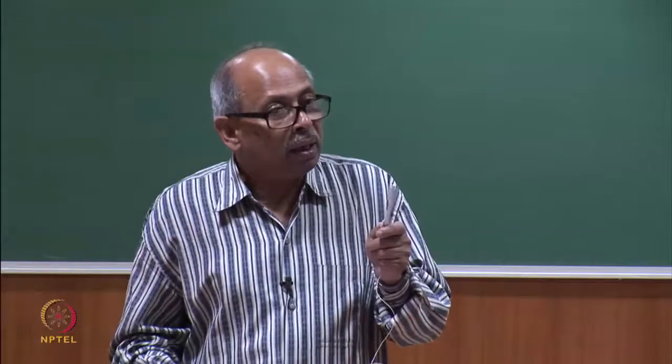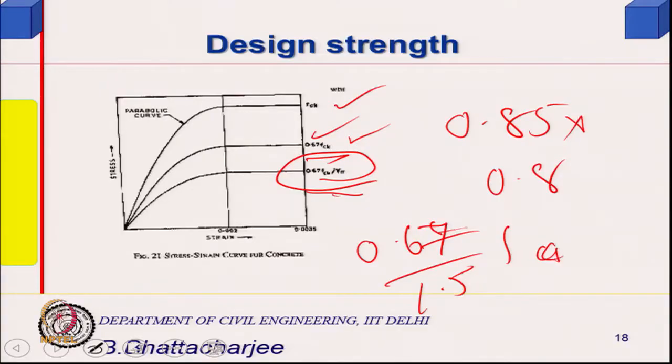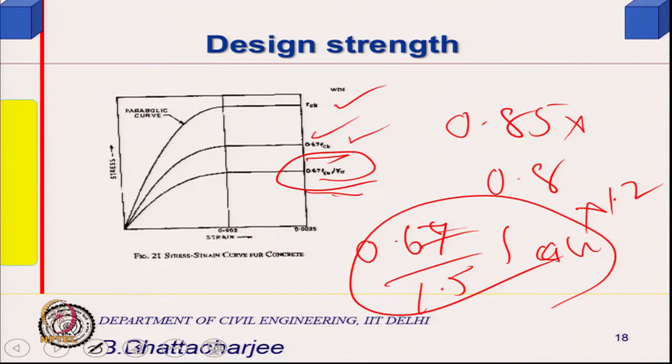So, in situ 0.67 divided by 1.5 FCK multiplied by 1.2, because this is what you have used in design, multiplied by 1.2, which is a factor of safety, your strength should be at least more than that. Indian code of course adopted that the mean should be 85%.